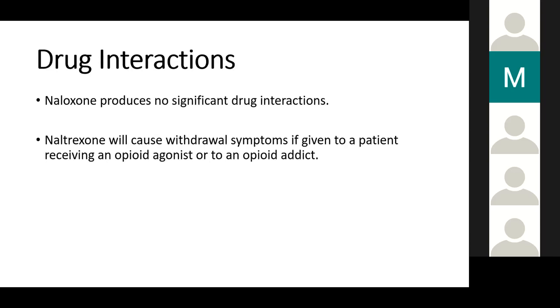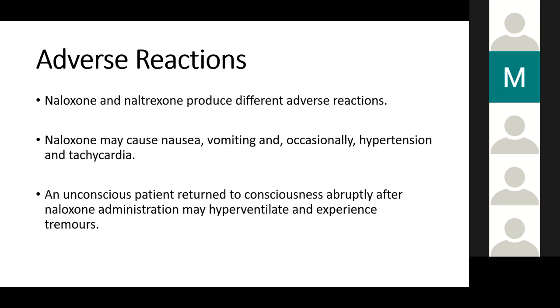So there are basically very few significant drug interactions. But naltrexone will give you withdrawal symptoms if you have a patient who is an addict and is put on it. So that's why you have to wait at least 7 to 10 days before you put on the naltrexone. The adverse reactions for naloxone: nausea, vomiting, hypertension, tachycardia.